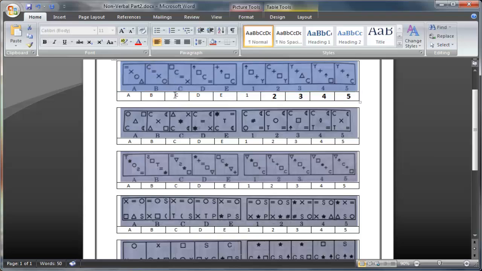In the same manner in C and D, cross is at the last position and is replaced by a new symbol in the next figure at the first position. In the same manner in E, C is at the last position and will be replaced by a new symbol in the next figure in the first place.